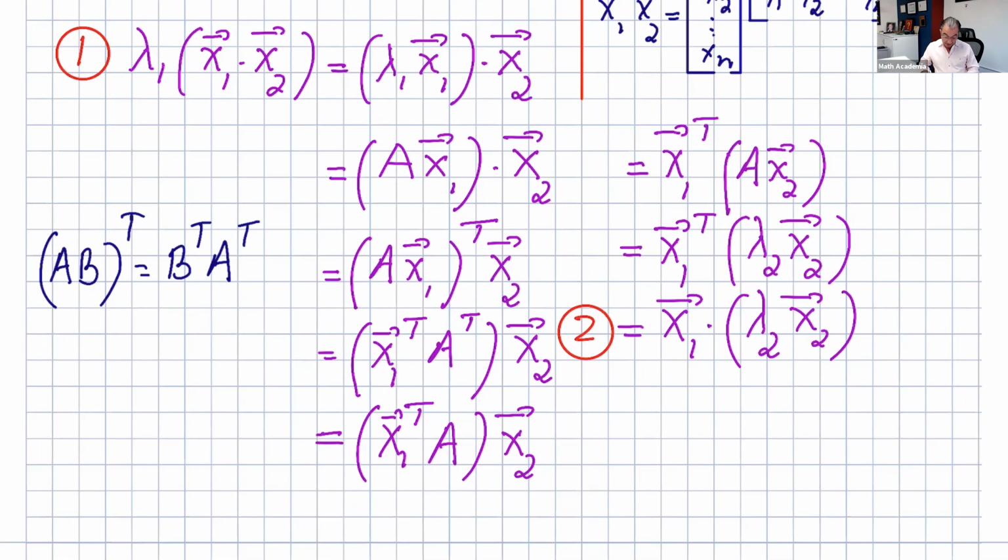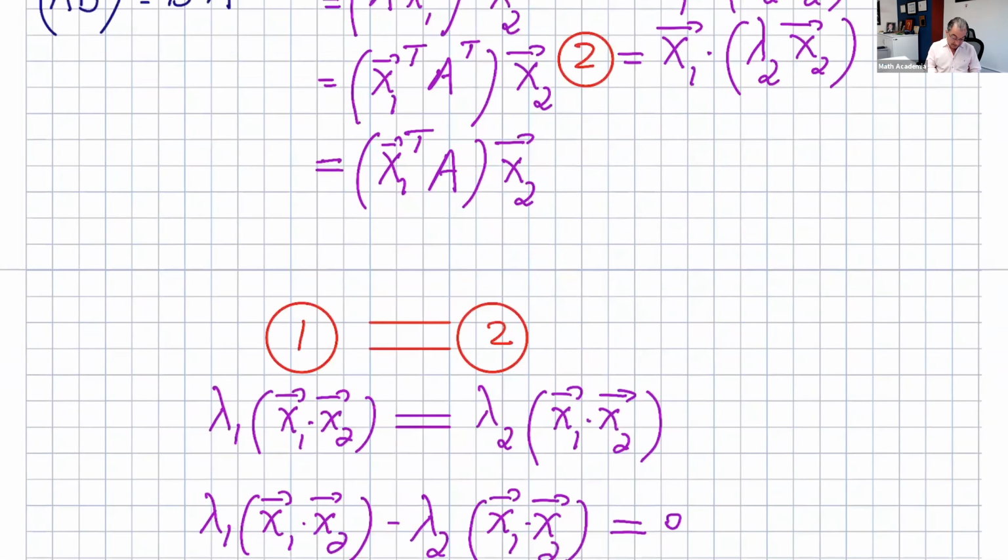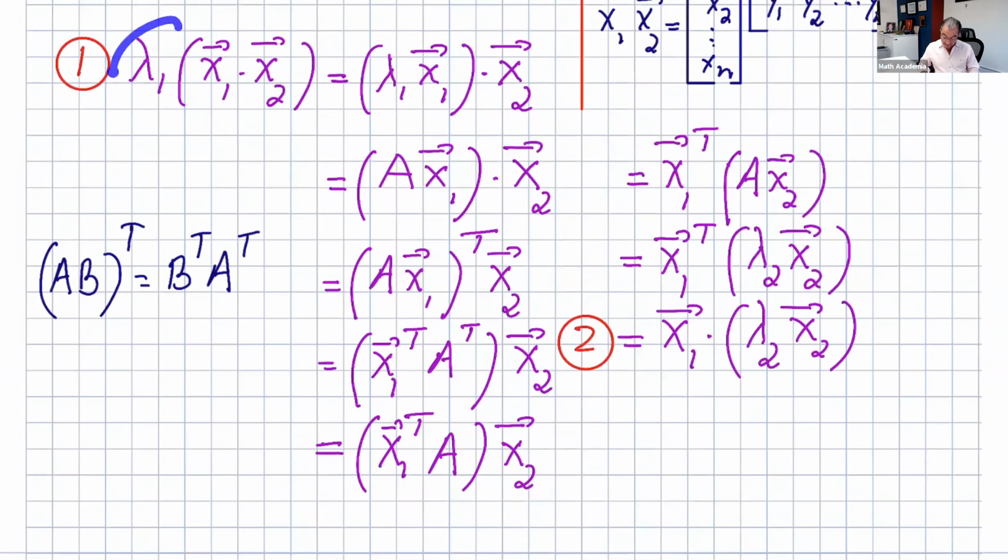So what's the conclusion? 1 is the same thing as 2. So this is the same as lambda 2 times x1 dot x2, and that's our number 2.